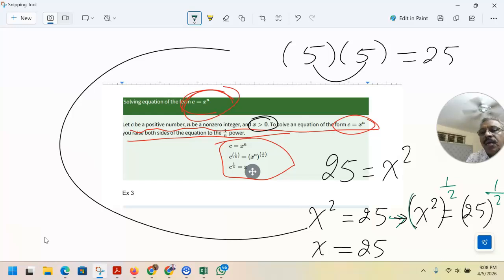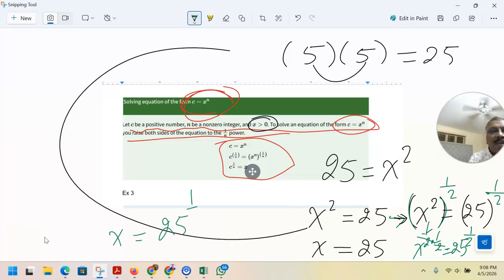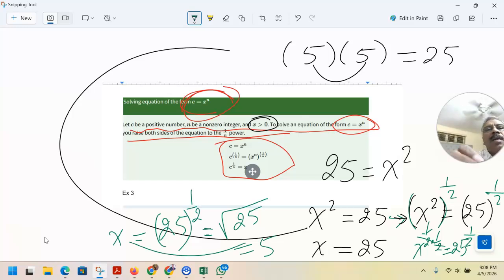So both the sides you raise to half. Now this basically will be x raised to 2 times half. That 2 crosses out, and you get x equals 25 raised to half. Now what is the meaning of this? It is the number that multiplies itself to give 25. Also it is written as the square root of 25. And you know the answer is 5. But not all the time is it possible to get this.